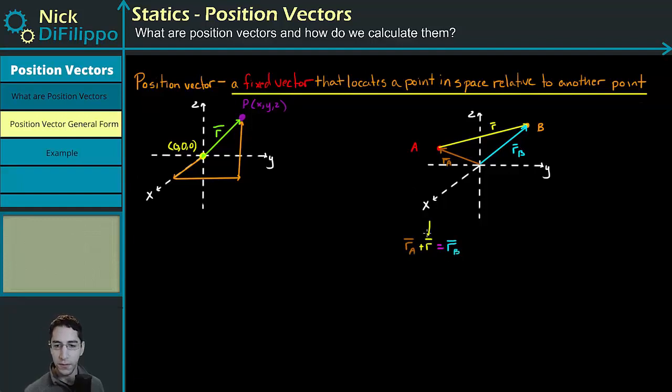We're usually going to be looking for our position vector R. So our position vector R is going to be equal to RB minus RA. RB is going to be the head of the position vector, minus the tail of the position vector, which would be RA.